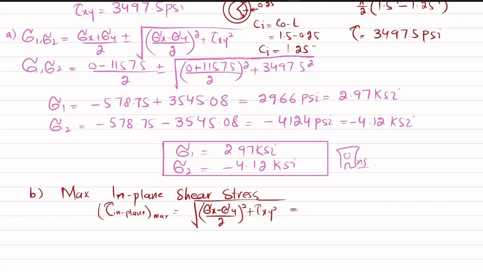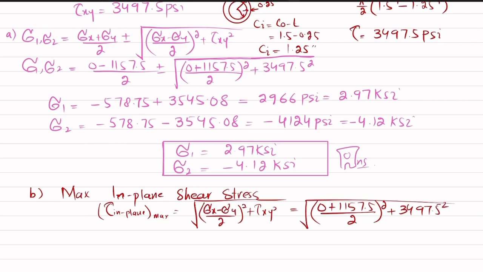So put the value, sigma x is 0 minus will be plus, and sigma y is 1157.5 divided by 2 whole square, and tau of xy which was 3497.5 whole square under the root.